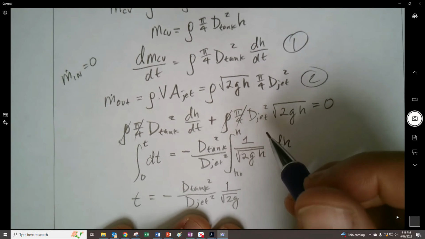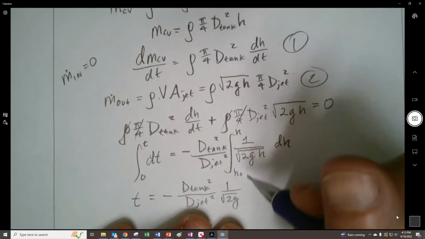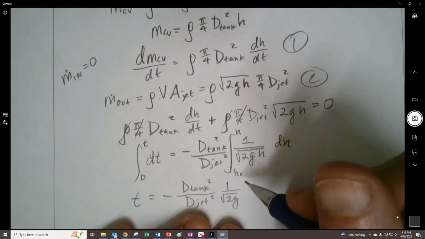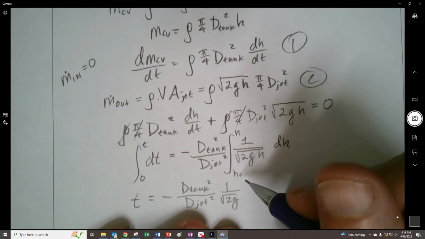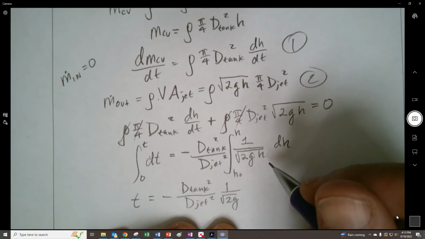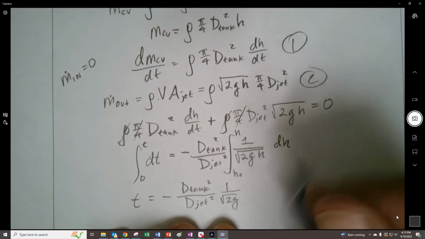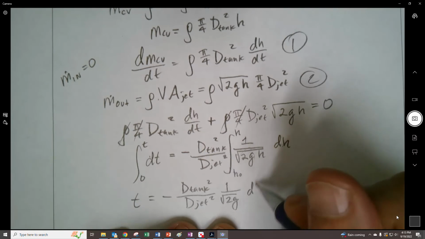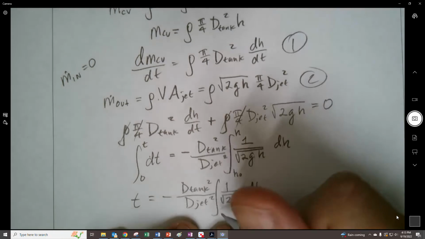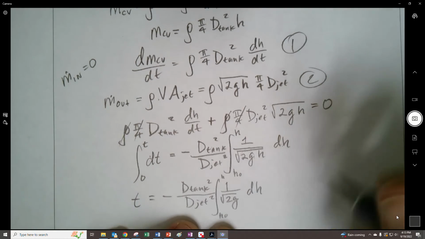And then when we go to take the integral of this, right? Let me go ahead and do that right there. Okay, I'll go from H0 to H.